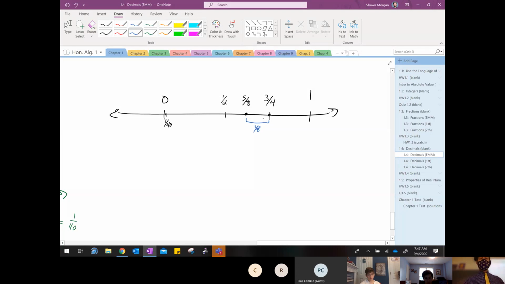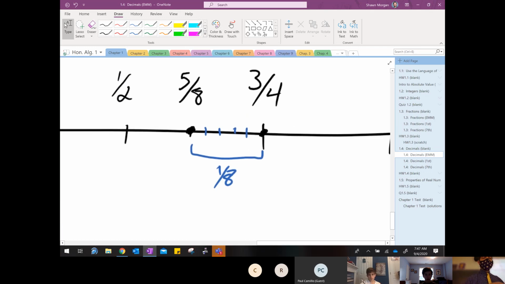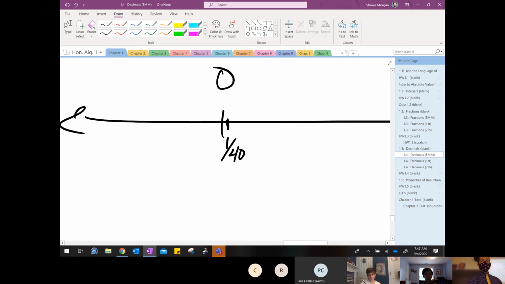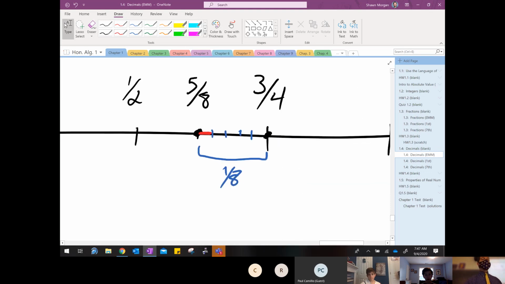I think Oxley had said we wanted to divide it into 5 parts. And so that part right there, as I zoom in, look at this. That part in red, this distance was 1/40th, just like it was over here. We just wanted to say, let's go 1/40th to the right of 5/8. And that's why we said let's add 5/8 plus 1/40th. Does that make sense? Yes.